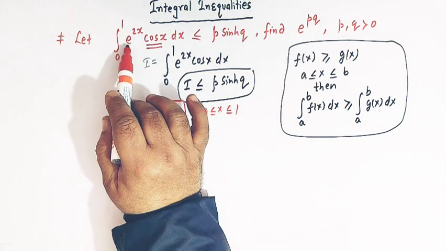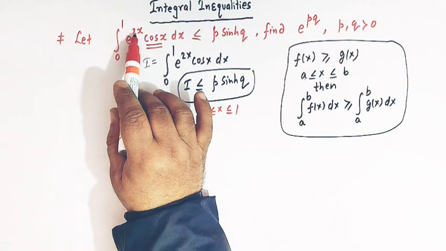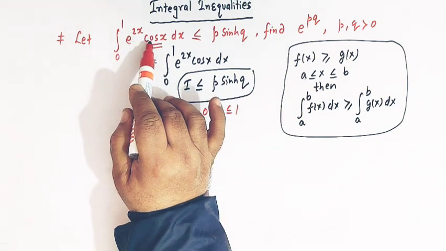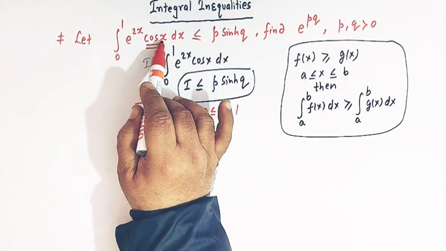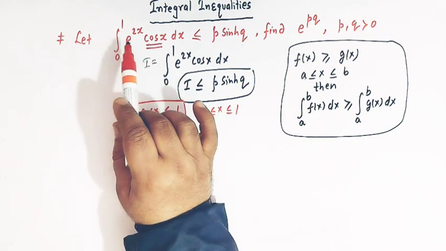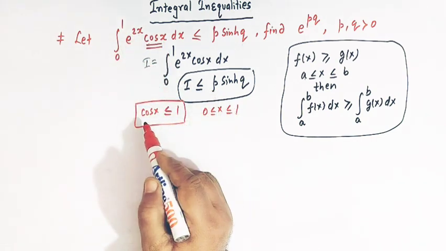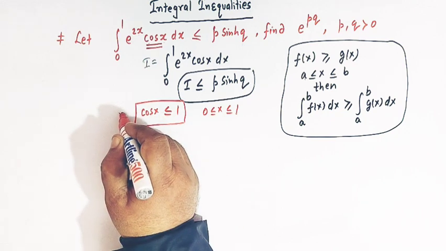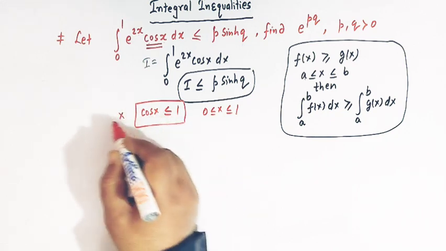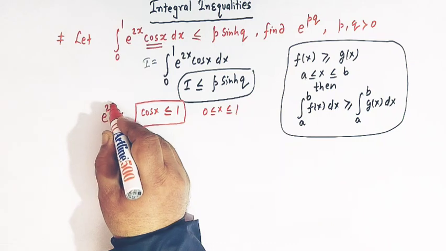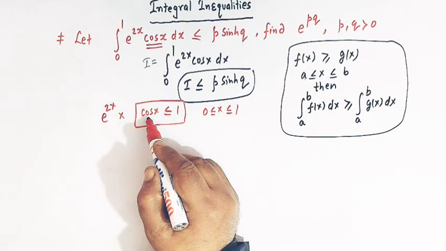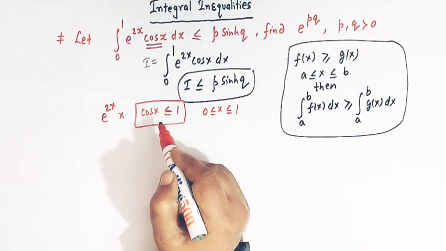Now we have the term e raised to 2x associated with cosine of x, so we'll multiply this inequality throughout by e raised to 2x without disturbing the direction of the inequality.